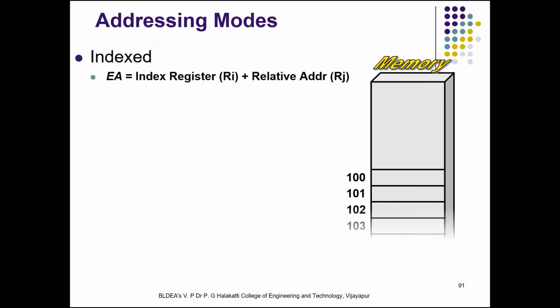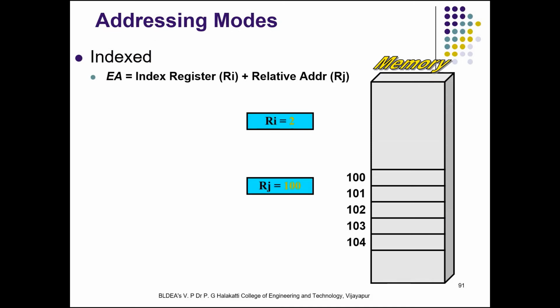Now let's see. The indexed effective address will be the register content Ri plus the relative address Rj. Say here Rj is 100 and Ri is 2.